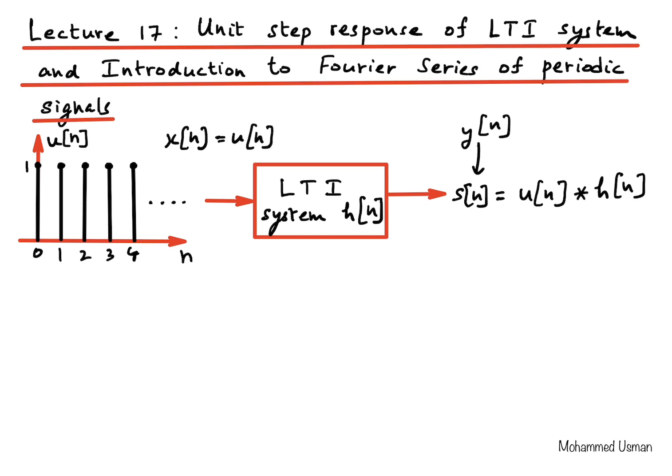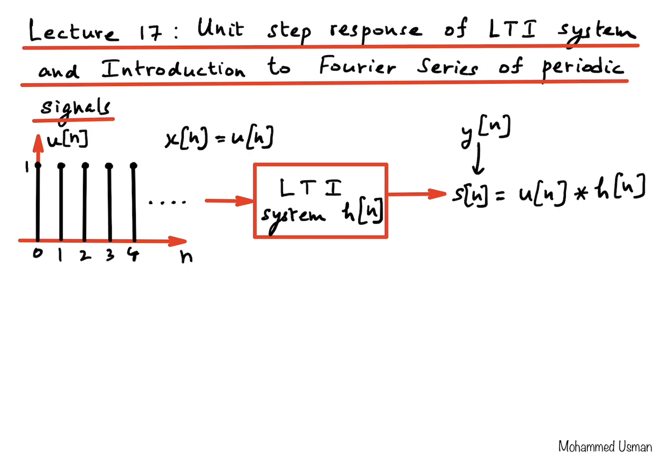So when the input is a unit step signal, the output y of n, we denote it as s of n. Okay, because it's a special input signal, we gave it a specific name. Just as we have the impulse response as h of n, the step response we denote as s of n, which is the convolution between the unit step input and the impulse response of the system.